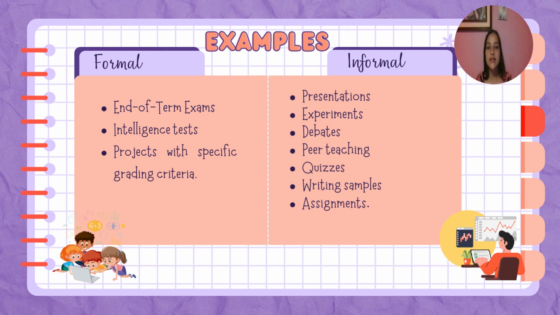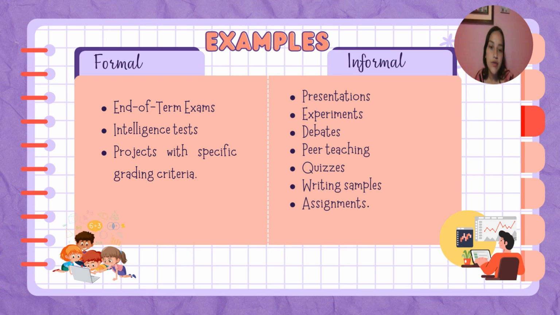Okay, now let's see some examples about formal and informal evaluation. Within formal, we have end of term exams, also intelligence tests, and a project with a specific grading criteria. So these formal evaluations are going to help us to know about our students' academic learning progress.